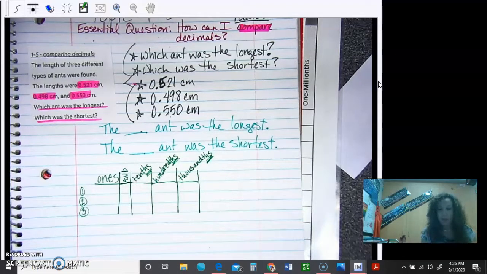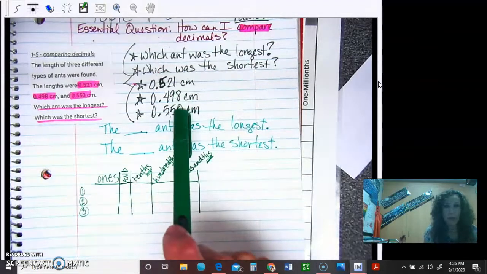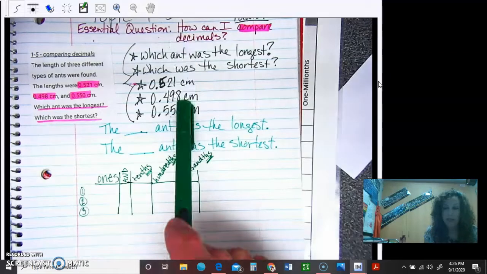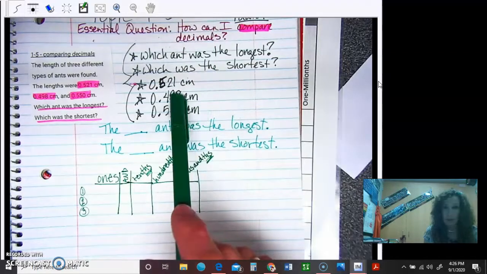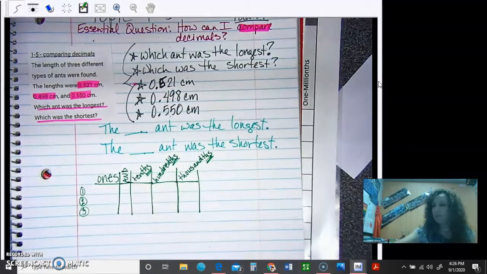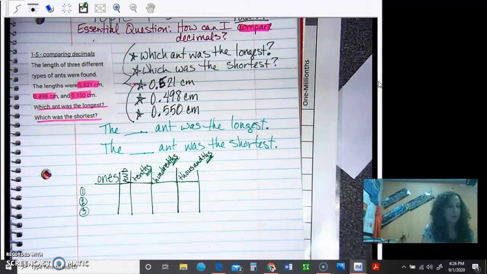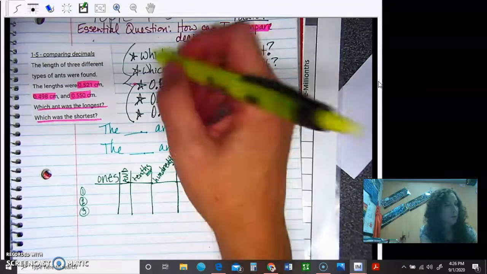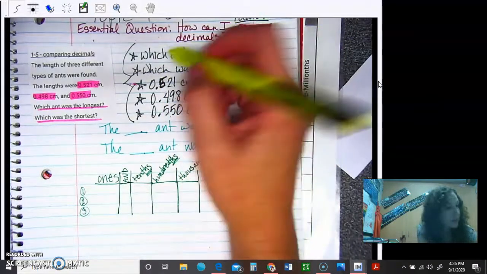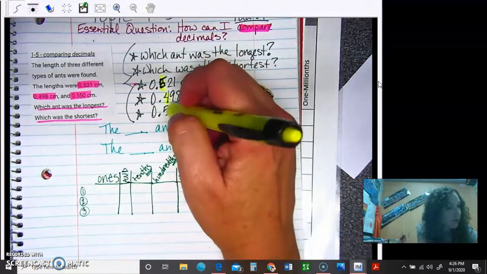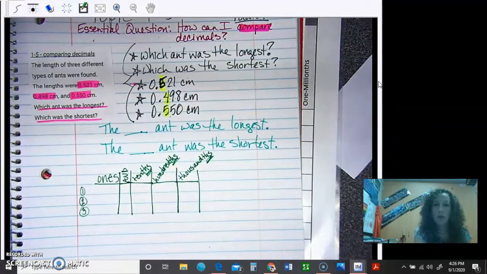So we've got our ones, where our decimal goes, our tenths, hundredths, thousandths. I'm going to look at my measurements here in the brace map, and I'm going to look at the first digit for each one: 5, 4, and 4. Well, what's the smallest number between those?